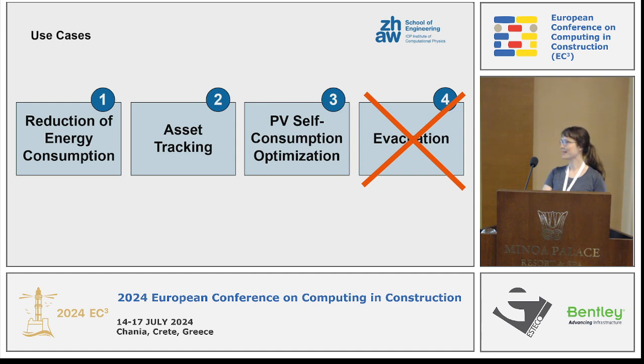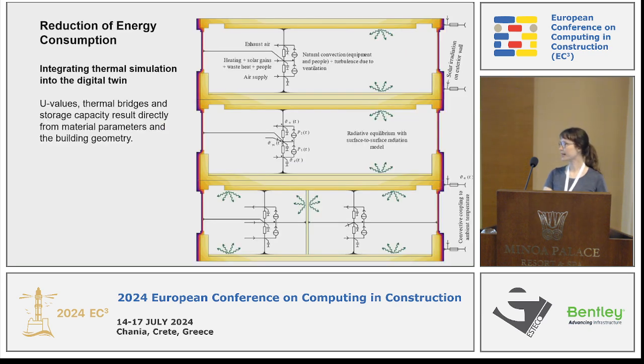So I will, in the following time, go into details for the first 2 use cases because they are interconnected. And the first use case, as I said, is the reduction of energy consumption. And we want to do this with integrating thermal simulations into the digital twin.